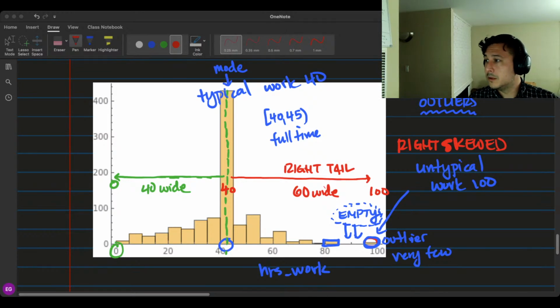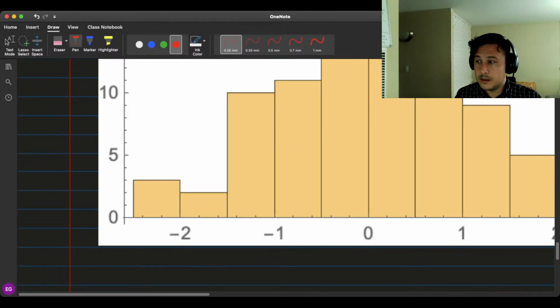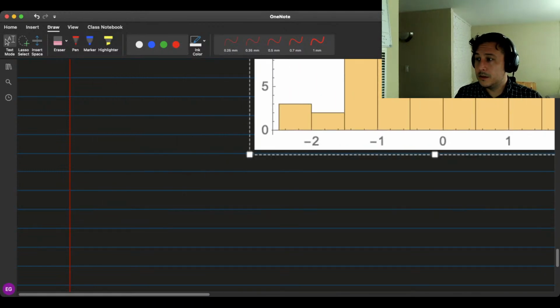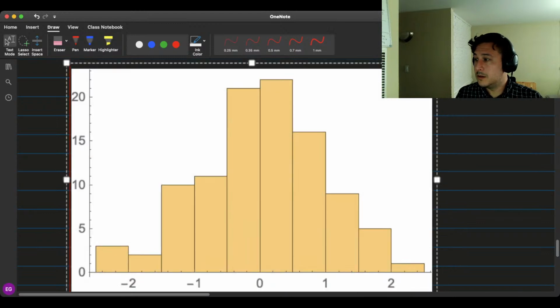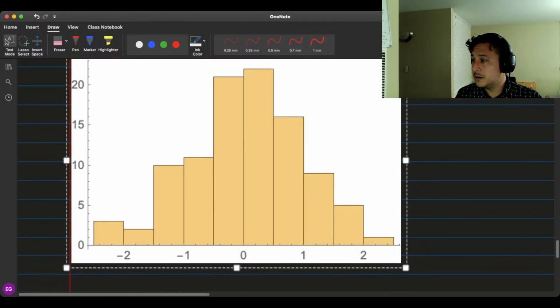Something's wrong. Maybe this will work better. Okay, there we go. Let's copy the image. Copy graphic. Okay, let's paste. Okay, that is way too big. Still way too big.